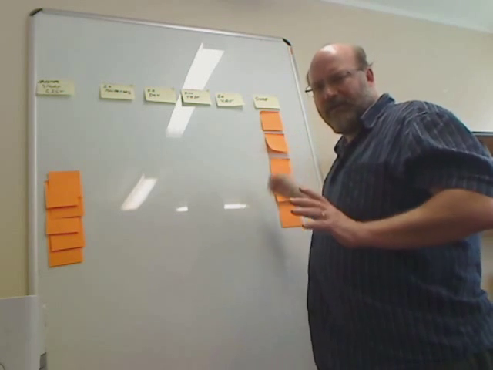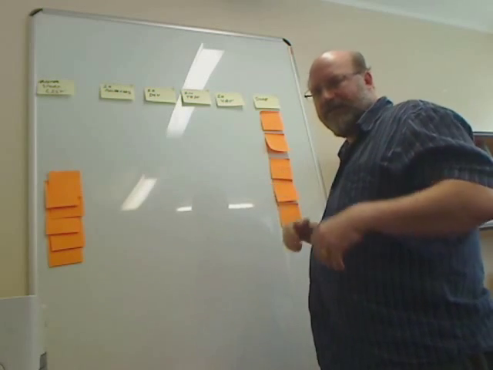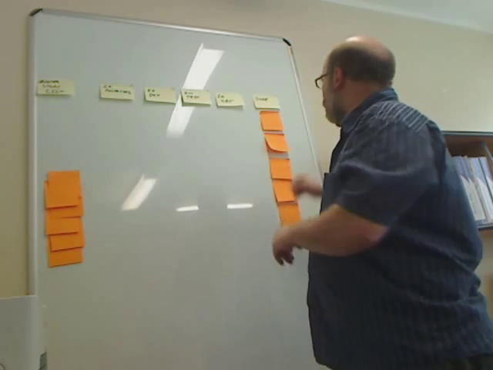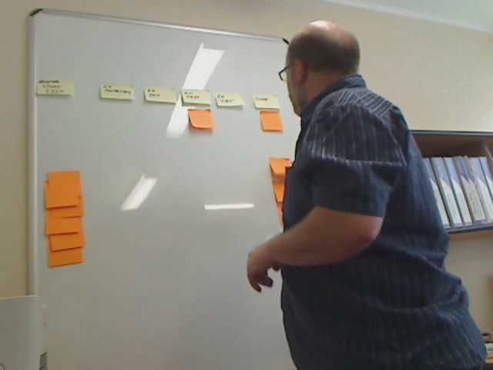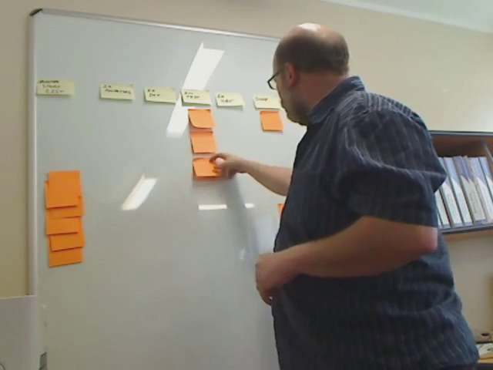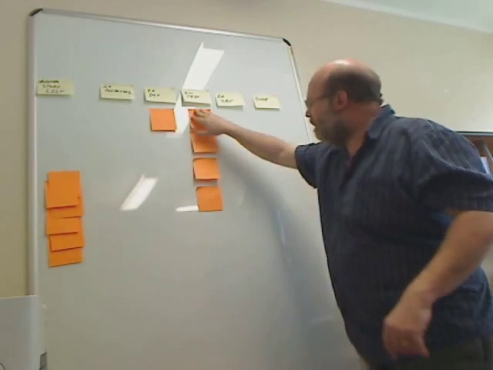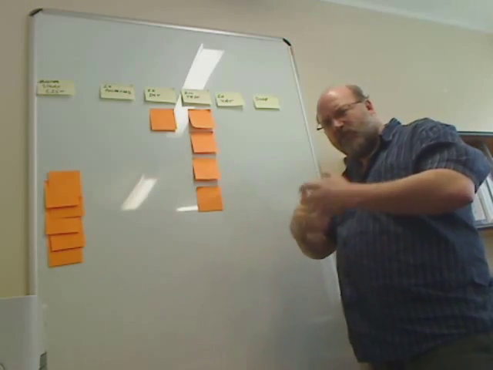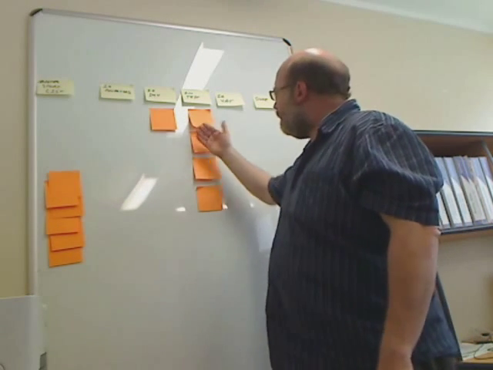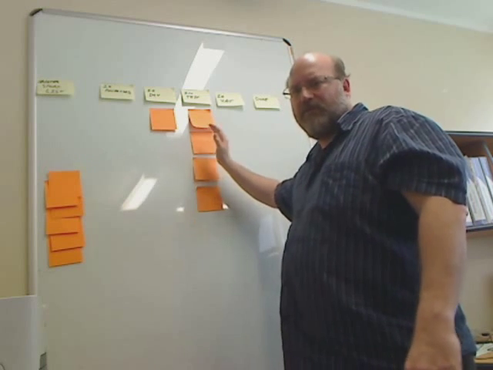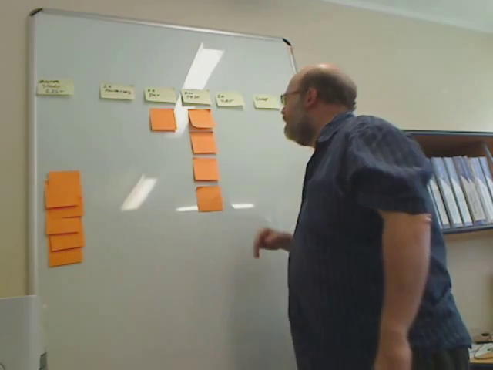And one of the good things about using a story wall is that it shows us very visibly what is actually going on. For instance, if we have a point in the project where the story wall looks like this, one thing in development, a whole lot of things in test, and nothing moving forward, that probably means that there's a bottleneck. There's not enough testing resources, the testers are overloaded.